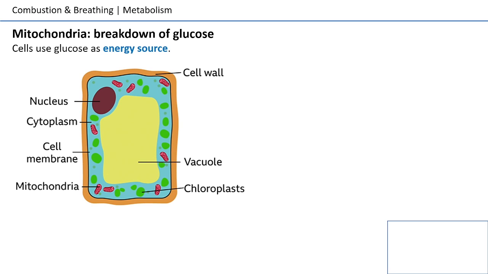Here you see a plant cell. These are the chloroplasts, where photosynthesis takes place. And those red structures, they are mitochondria, the powerhouses of the cell. They burn glucose, so they break it down, and release its stored energy.